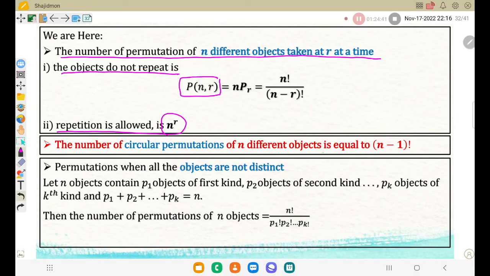Number of circular permutations, we studied n minus 1 factorial. Now, permutation when all the objects are not distinct means we have n factorial divided by p1 factorial, p2 factorial, p3 factorial up to pk factorial. Hope you understood.